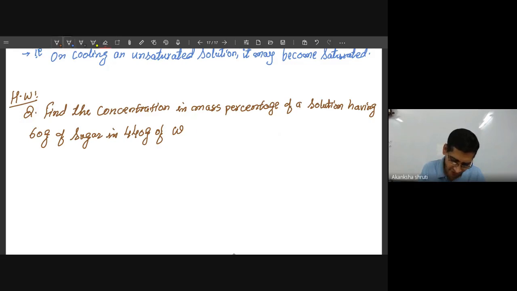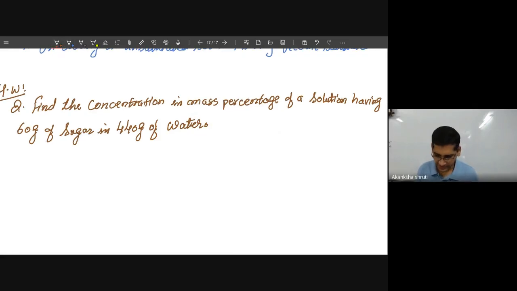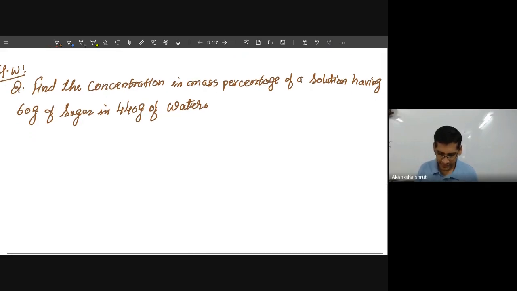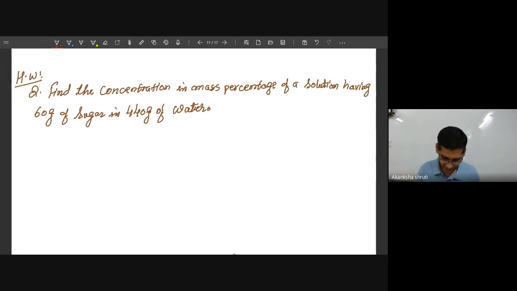So 440 gram of water is given to you, and then you have to calculate its concentration.